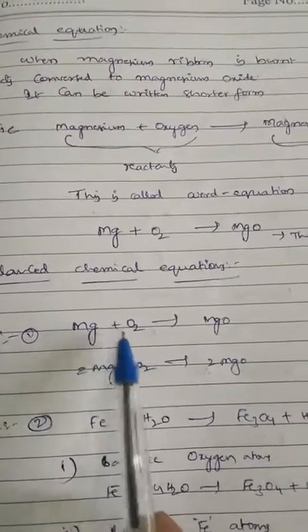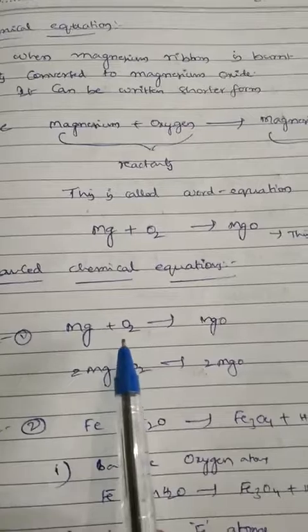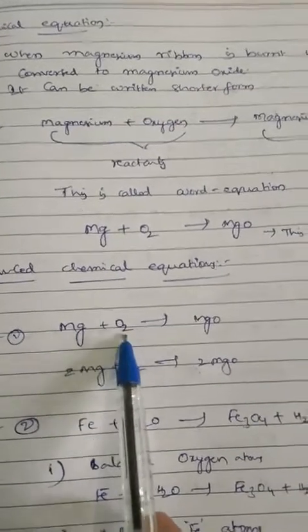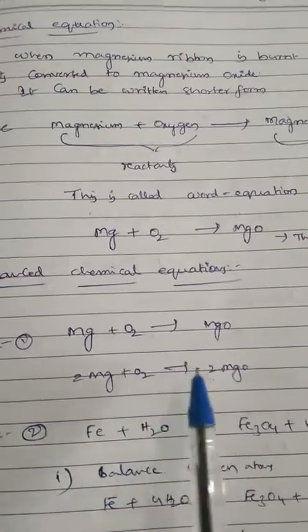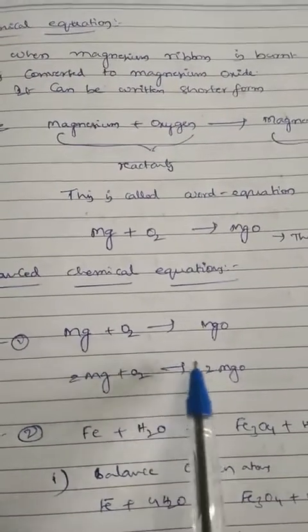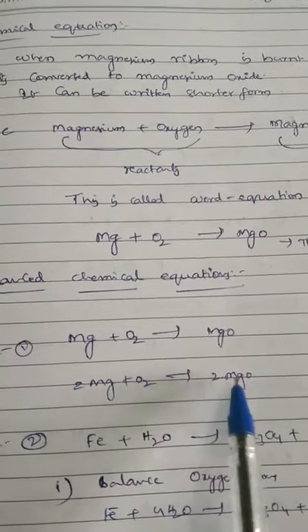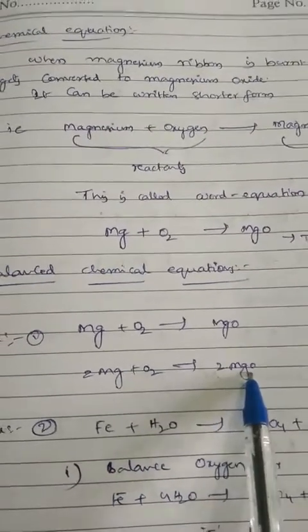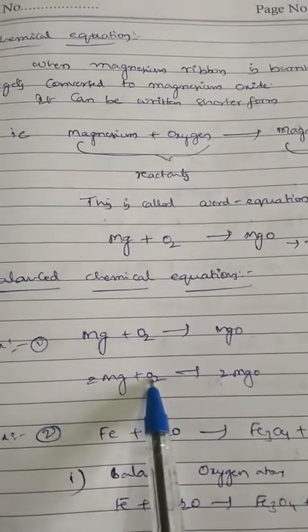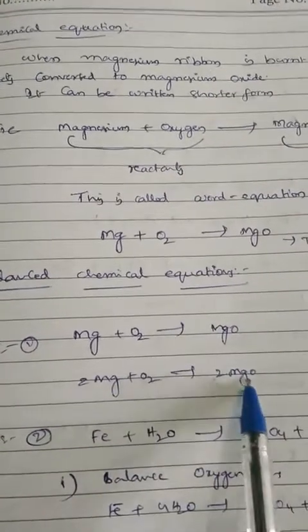So in order to balance the equation, first we should consider oxygen atoms. Left side two oxygen atoms, right side only one oxygen atom. So in order to balance the oxygen atoms, we can put 2 before MgO. Then two oxygen atoms are present on the right side and two oxygen atoms on the left side. So oxygen atoms are balanced.